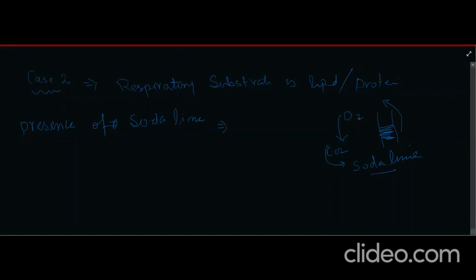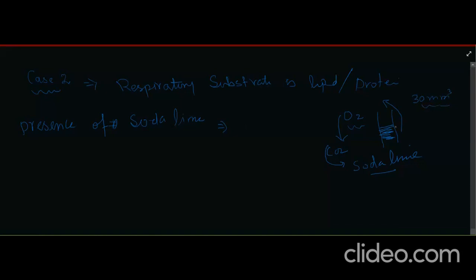As I discussed with you already, the amount of oxygen utilized was equal to that of carbon dioxide, right? So this drop moved toward that side, and when I find the volume of oxygen utilized, I'm just taking a supposition, for example, I got the value 30 mm³ when I find it through the formula, right?